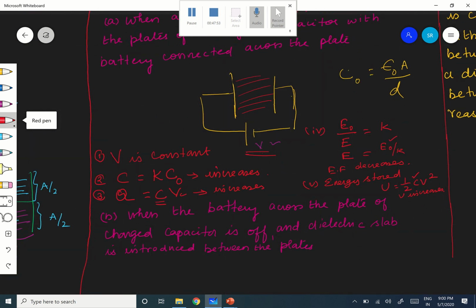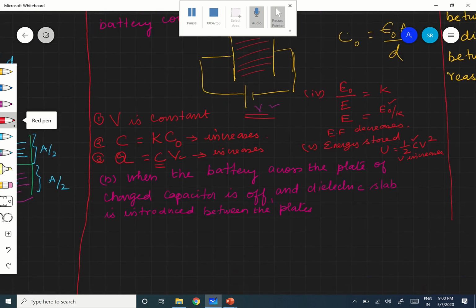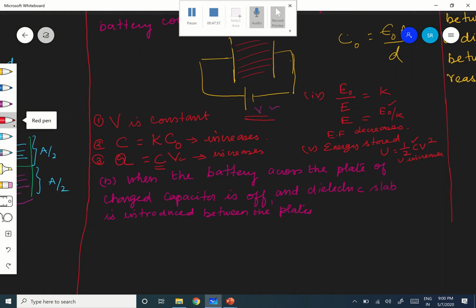Okay, now the next one. Next one is, when the battery across the plates of the charged capacitor is off, I am removing the battery, and the dielectric slab is included. Here, in the first case, with the battery, I am introducing the dielectric.